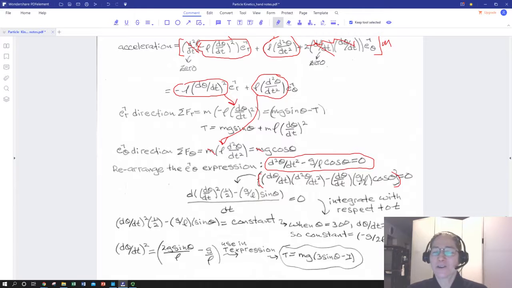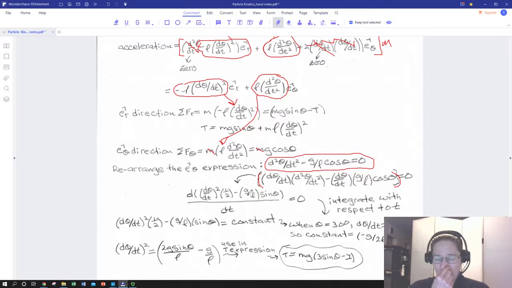So I can use that same logic over here and say, if I had GL times, say, sine theta, I took the time derivative of that, I'd have a constant times cosine theta times d theta dt, which I just had here when I multiplied.